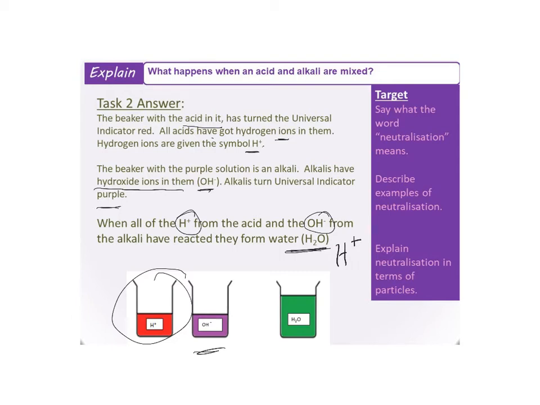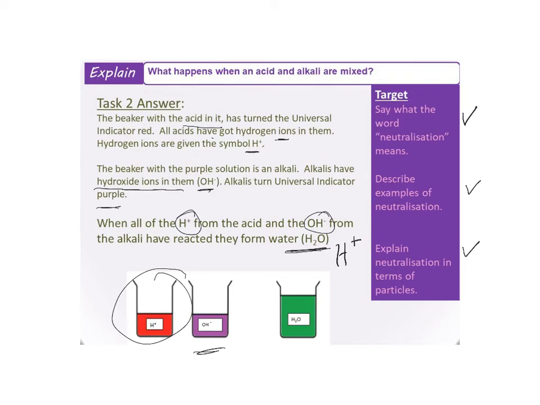So let's have a quick look at what we've managed to do. Are you able to say what neutralisation means? I think you probably can. Can you describe some examples of neutralisation? Yeah, I think you probably can do that. And we're starting to be able to explain what happens to the particles during neutralisation.